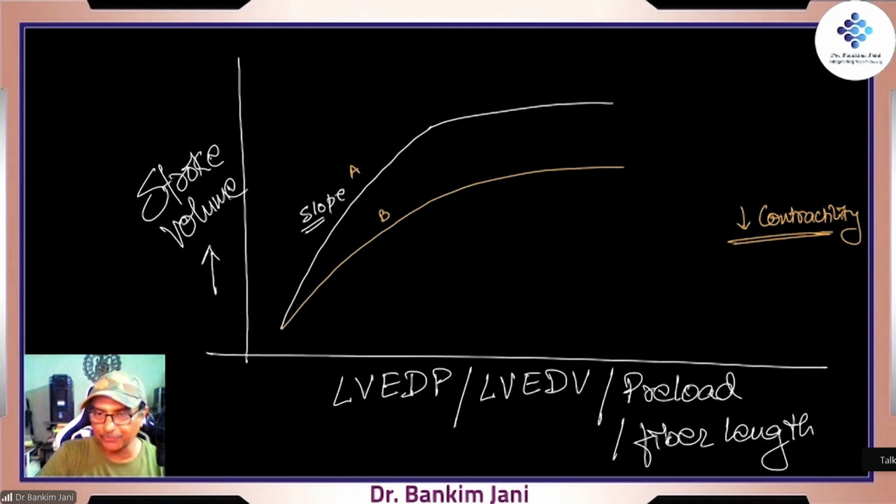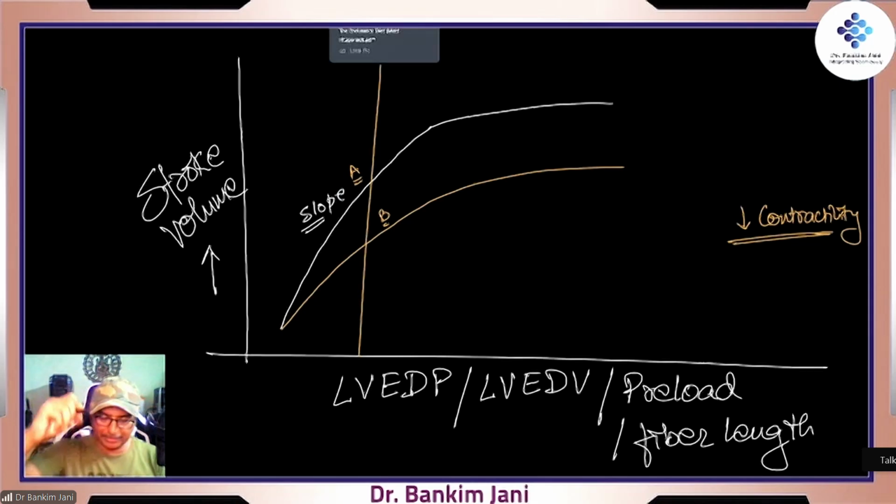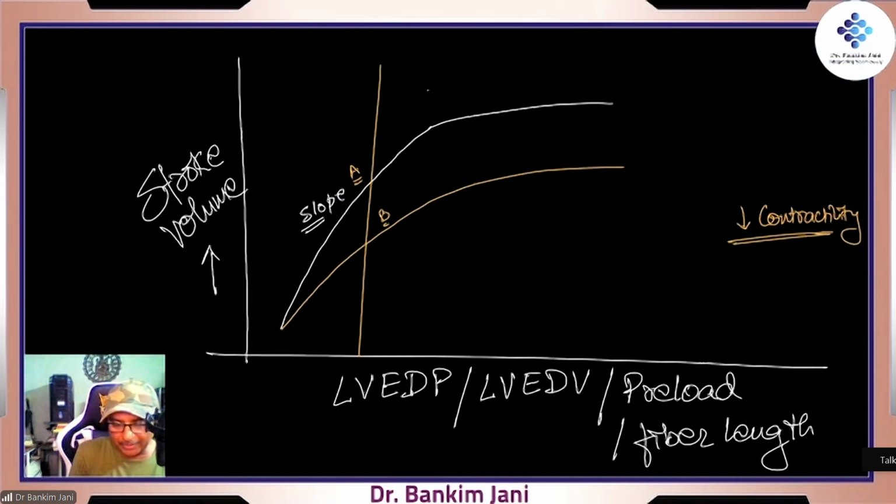Now I'll ask you questions. Try to answer. Out of A and B, in which case is the stroke volume more? If I draw a line over here, at a fixed left ventricular end diastolic pressure, where is the stroke volume higher? So here it is.